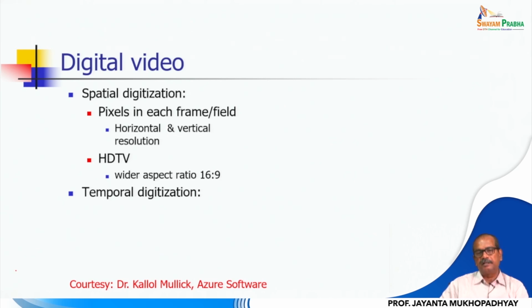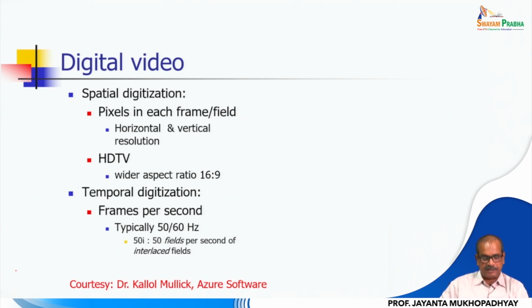And the aspect ratio is also considered. There are different standards. So 16:9 is the HDTV aspect ratio. For temporal digitization, once again the parameter is the number of frames per second, typically 50 to 60 hertz.